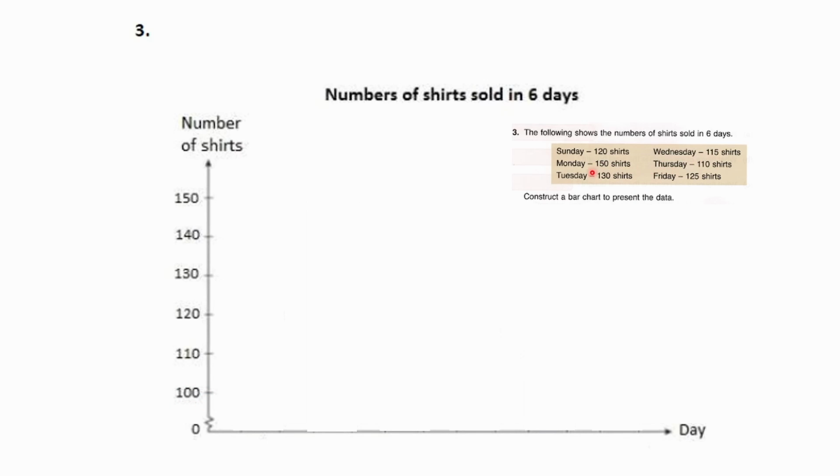The lowest number here is 110, so we start on a smaller number than our lowest. So this is where our lowest would be. So we go 10 less, and each one we go up in 10, because these are all in tens, except for Wednesday and Thursday.